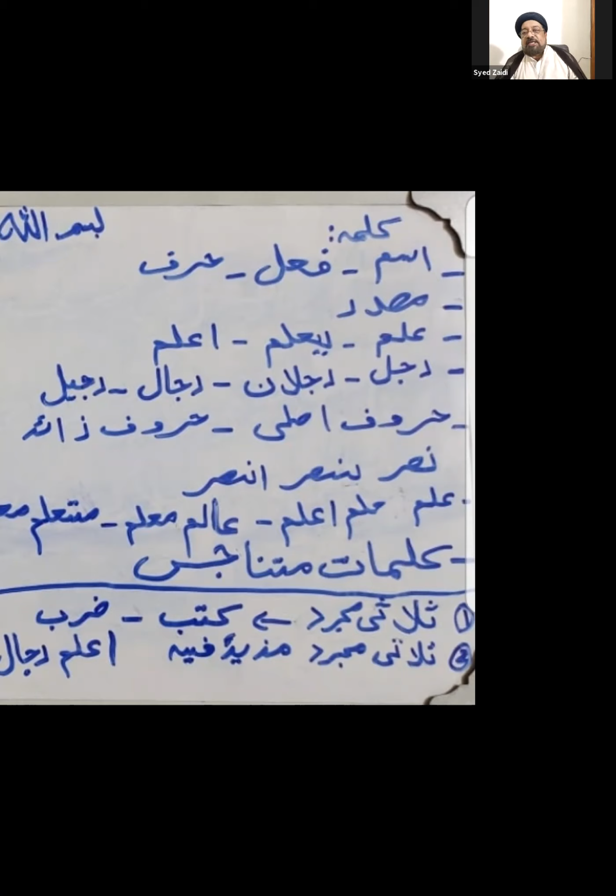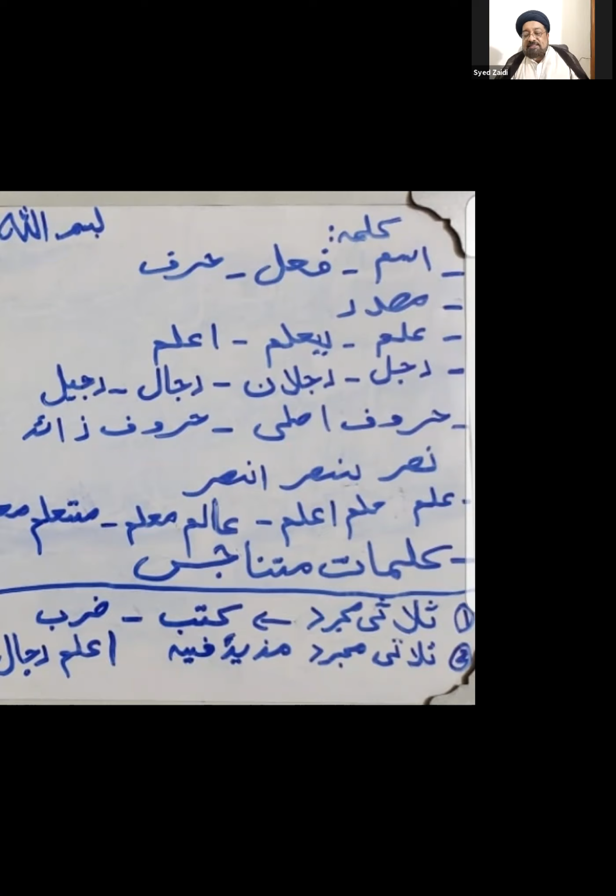The reason why we need to distinguish between huruf asli and huruf zaid is that we want to find out the root word of all of these words that come from a single family. It's called kalamate mutanajis.